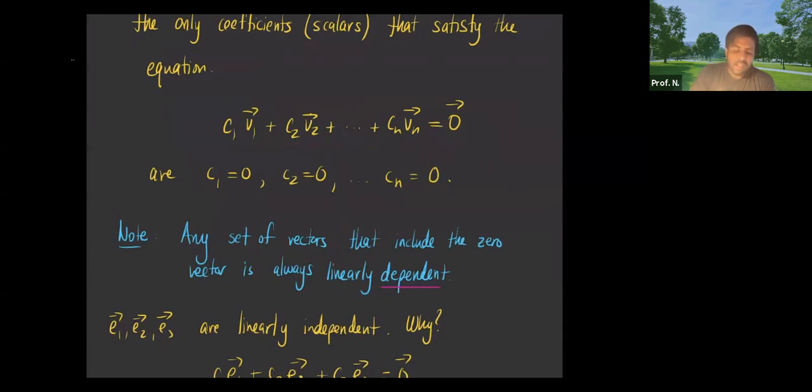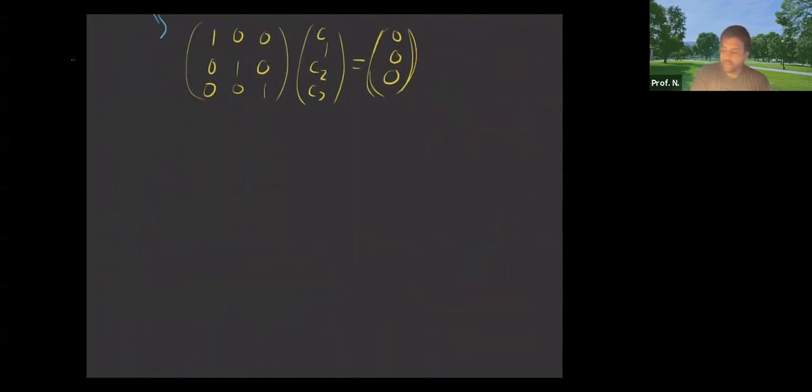The question is whether the only way to represent 0 as a linear combination of vectors of V is having the scalars be zeros. If that's the case, then those vectors are considered linearly independent. If there's more than one way of choosing these C's other than having zeros all across, then we would say that they're linearly dependent.